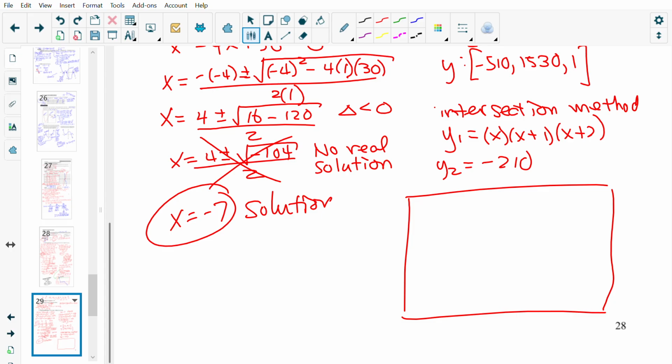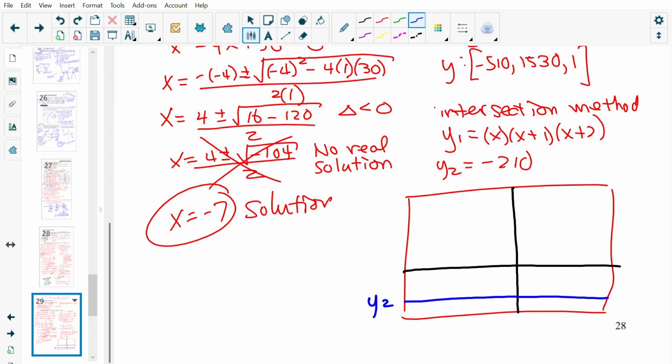Okay, this is what my window looks like. That's y2 equals negative 210.